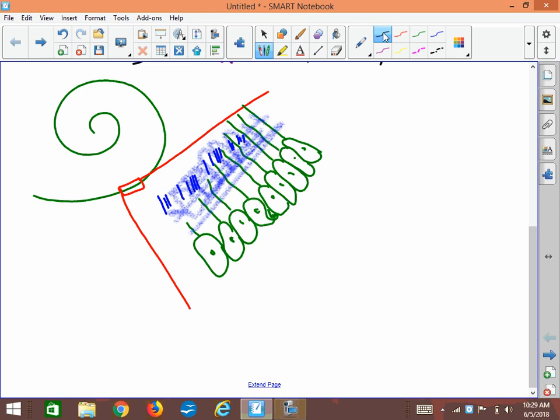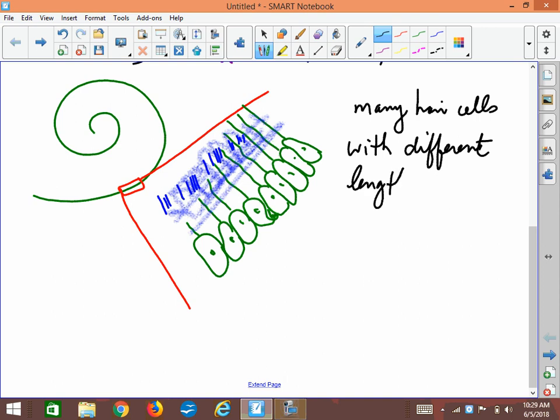So what we have is many hair cells with different lengths of hairs. Each is tuned, well, we use the word tuned, to a particular frequency.